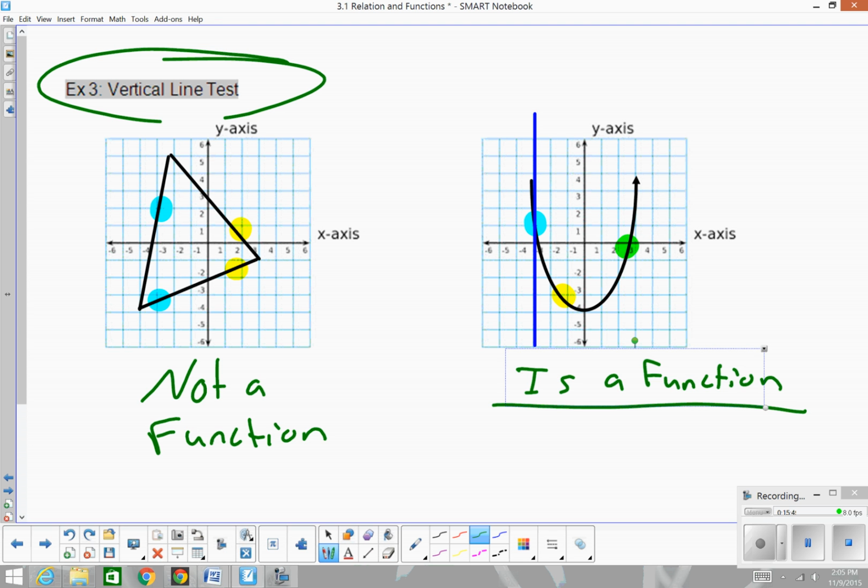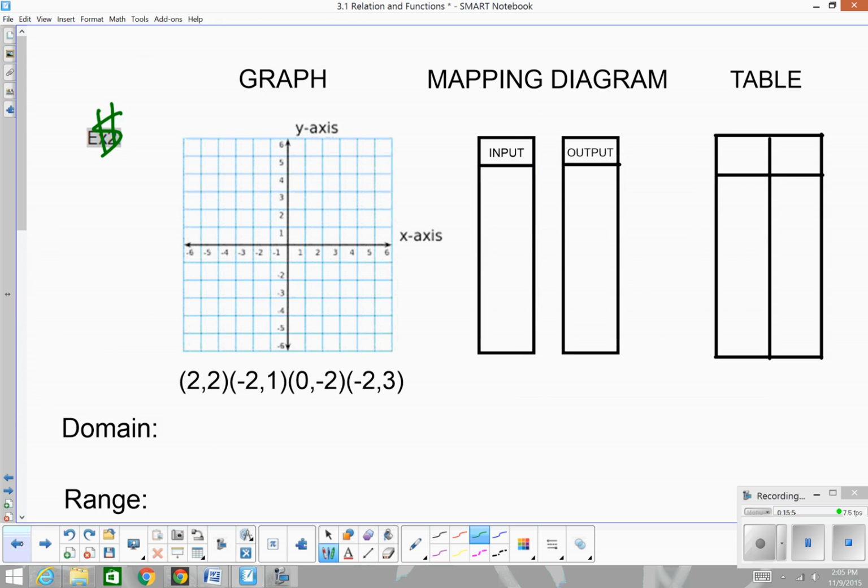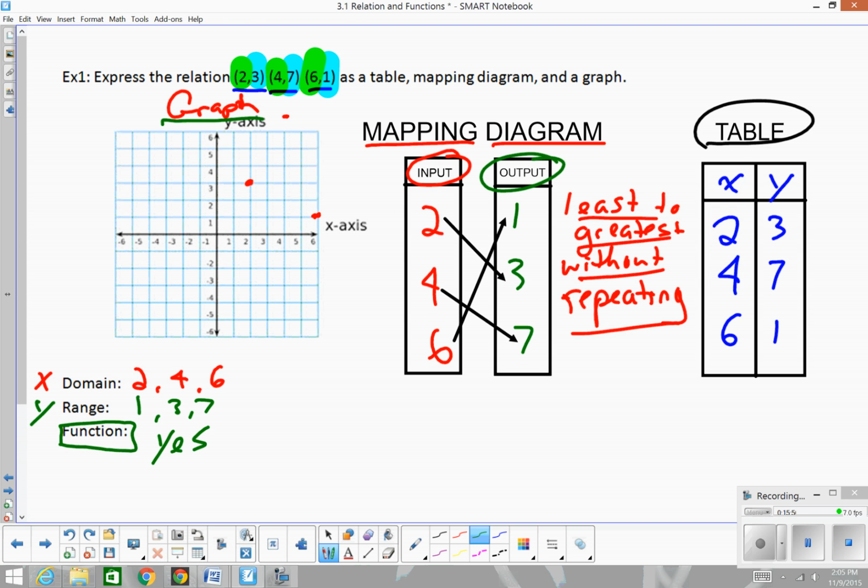Now you could always do this with a graph or even with points, right? So if you went back and wanted to use this graph, okay, if I use this graph, let me make this a little bit larger. If I can. There we go. Okay, so right there, it only touches 1 point, only touches 1 point, only touches 1 point, right?